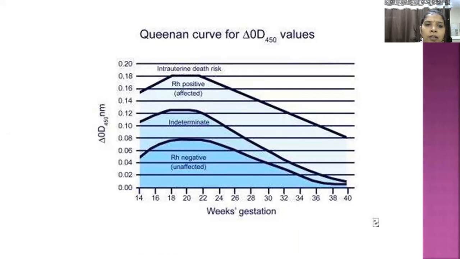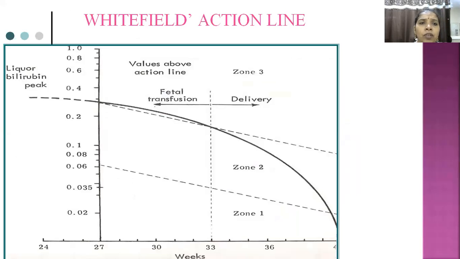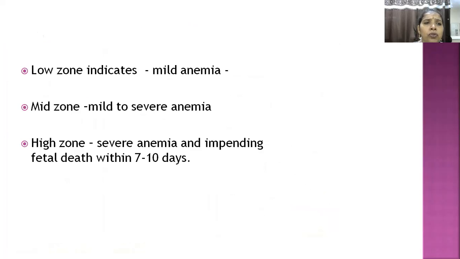These are also optical density measures of the bilirubin levels. This is another classification, the Whitfield action line, with zone 1, zone 2, zone 3. All these are based on the bilirubin levels of amniotic fluid. The low zone indicates mild anemia, the mid zone indicates mild to severe anemia, and the high zone indicates severe anemia with impending fetal death.